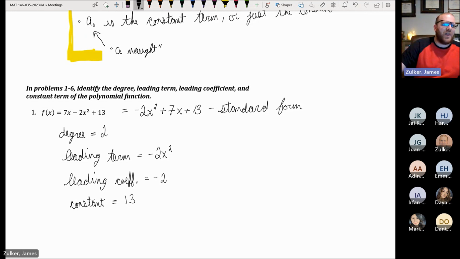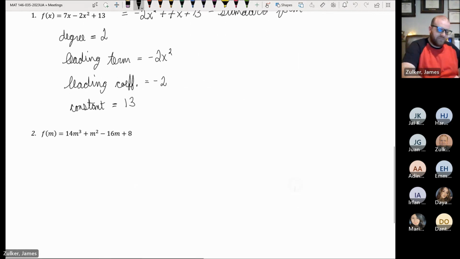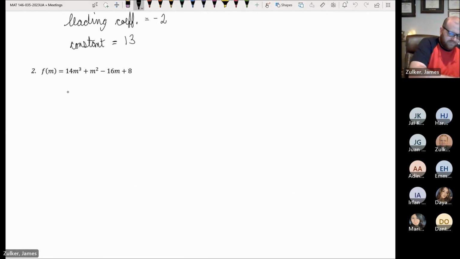That means you can't just blindly look at a polynomial and assume that the first term is the leading term. Degree is 3.